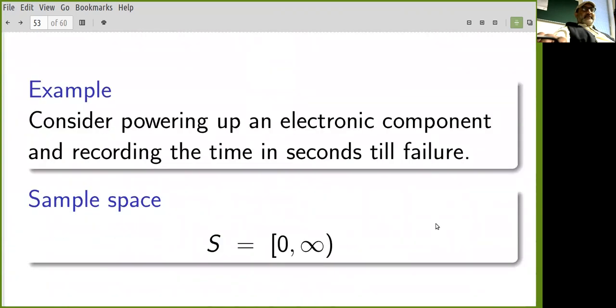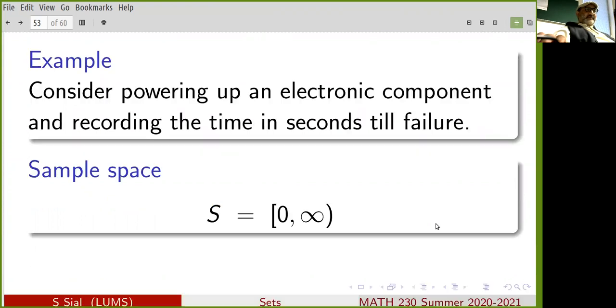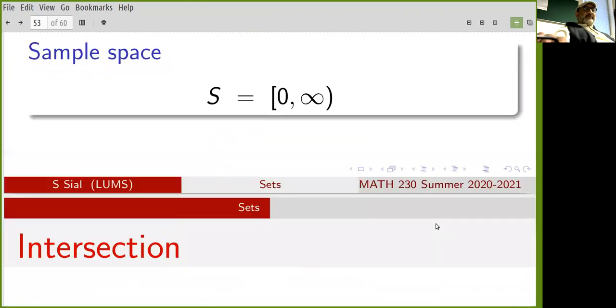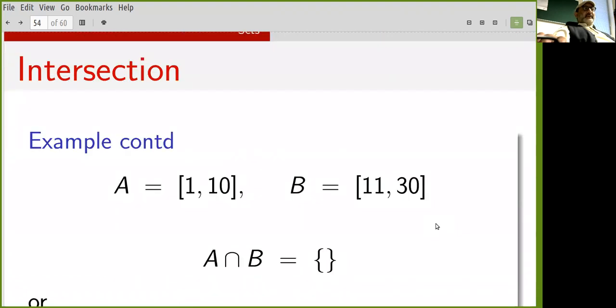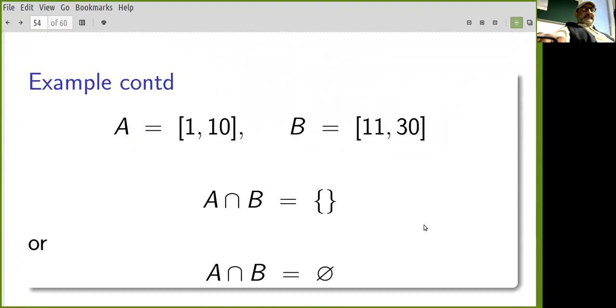Okay, so back to the electronic component example. We have a sample space that is the interval from 0 to infinity. If we had an event, the component fails between 1 and 10 time units, and another event is that it fails between 11 and 30 time units, then the intersection of those two events is the empty set.